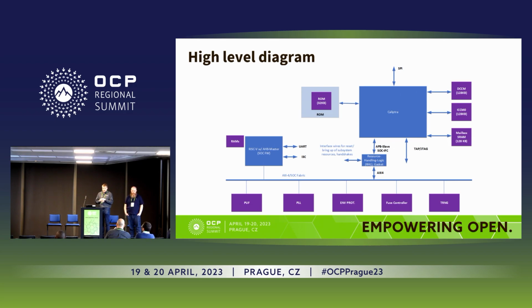And then it has an additional set of resources or interfaces that have to be provided by the vendor that integrates this into the SoC. So the purple blocks are basically the blocks that have to be provided by the integrator to make this whole IP workable.